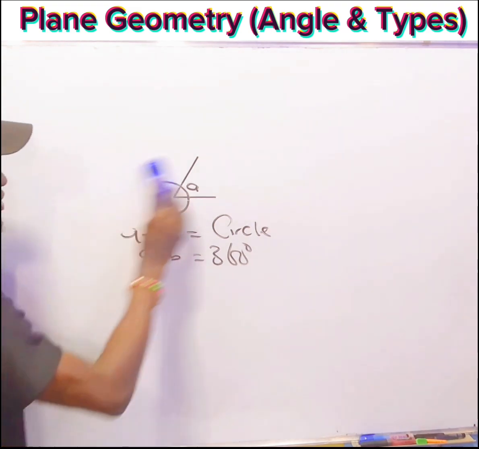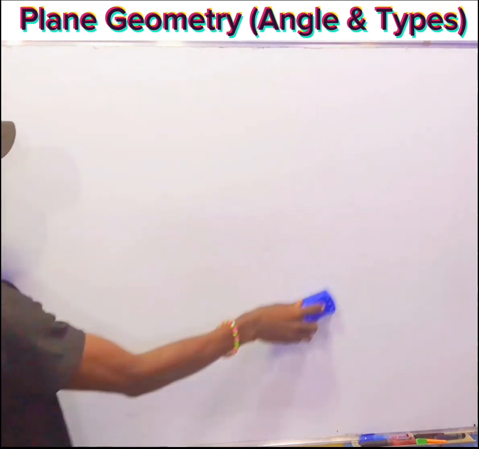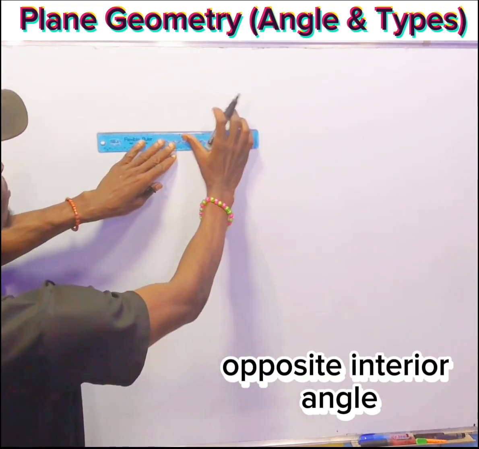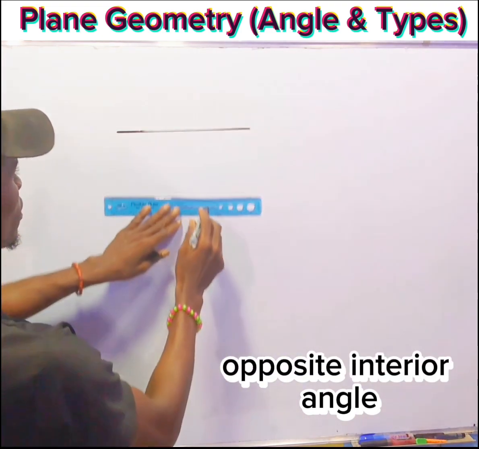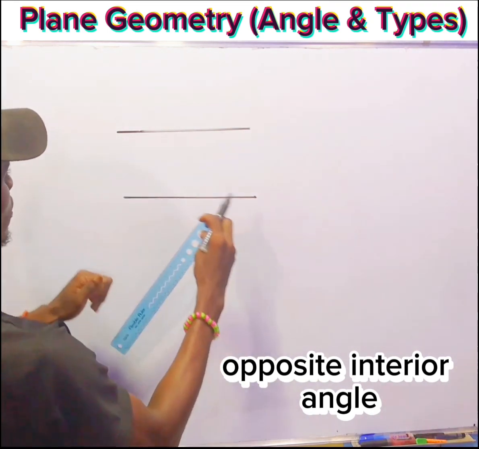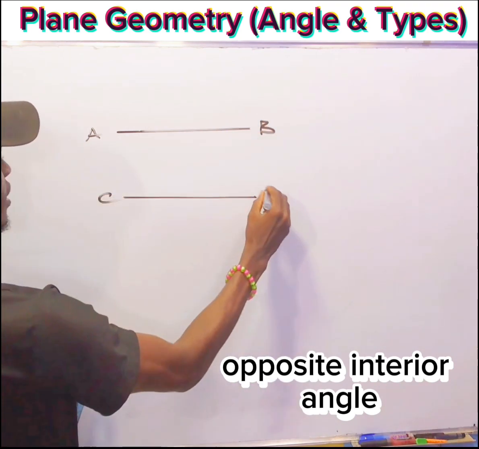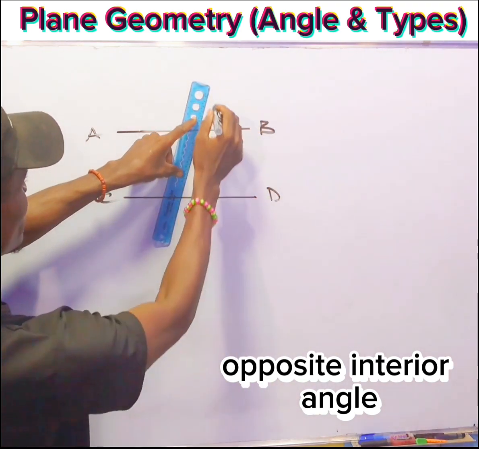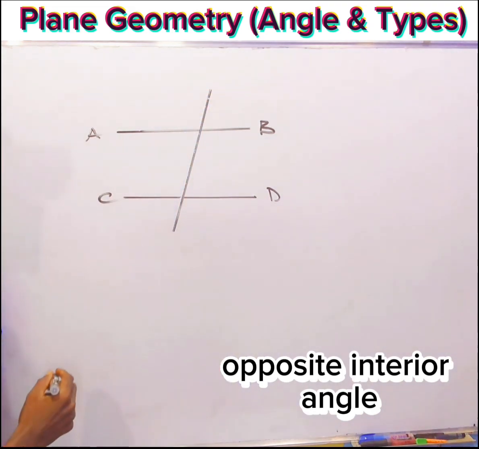Now let's look at interior opposite angles. If we have two parallel lines, line A, B, C, D, that is cut by a transversal line. Don't forget this line that cuts AB is a transversal line.